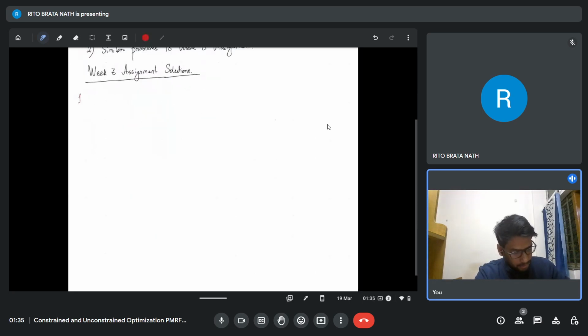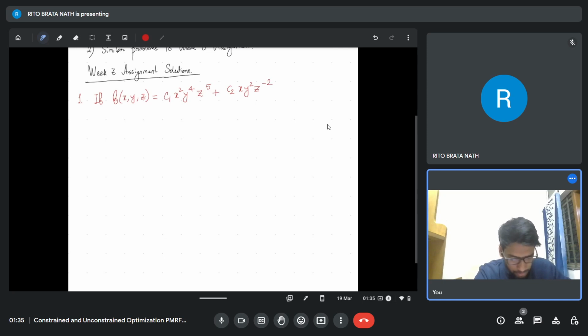The first problem states that if f of xyz equals c1 times x square y to the power 4 z to the power 5 plus c2 x y square z to the power minus 2 plus c3 z cube, then which of the following statements is correct?